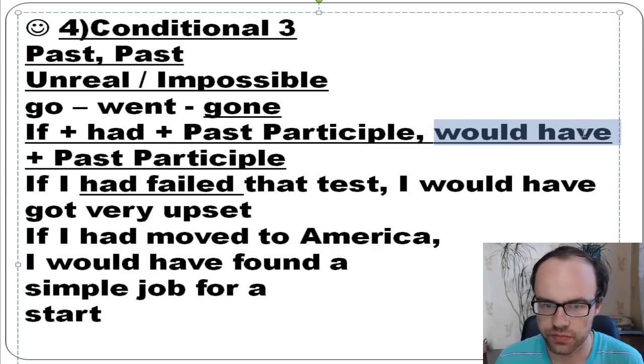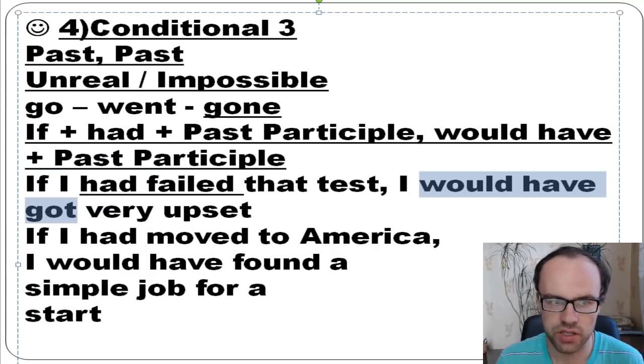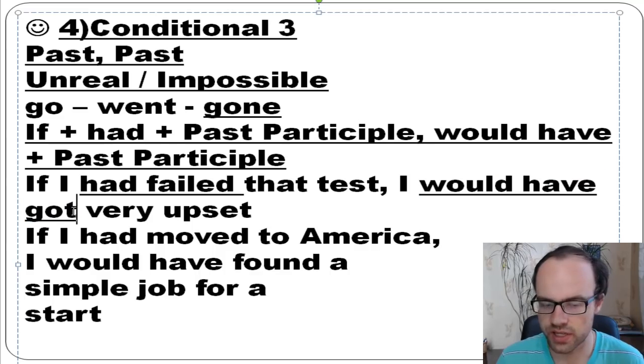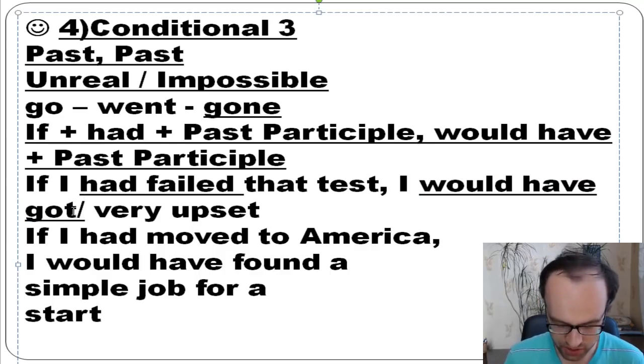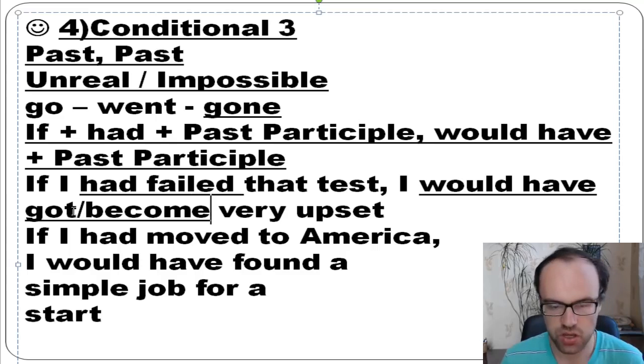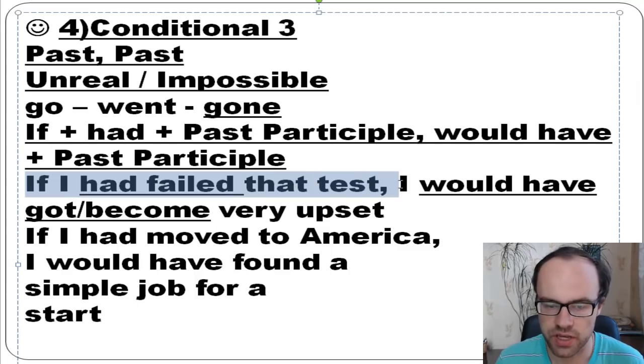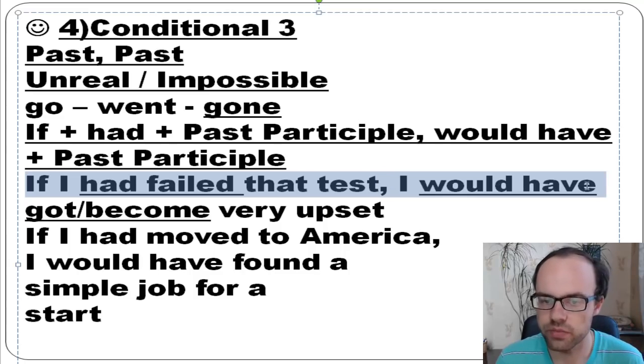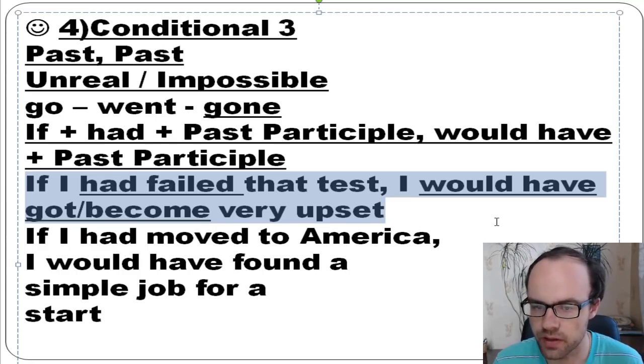Would have plus past participle, so would have got, get, got. You can say, we say get upset or become upset, so become, became, become. So you can also say I would have become very upset. Look, if I had failed the test, it's in my imagination, but in fact I didn't fail it, I would have become very upset. But I didn't fail that test.